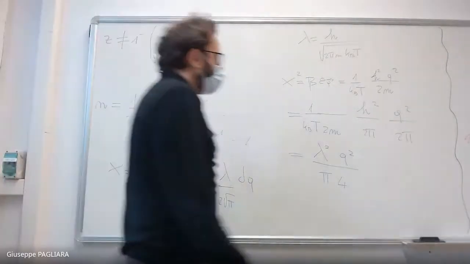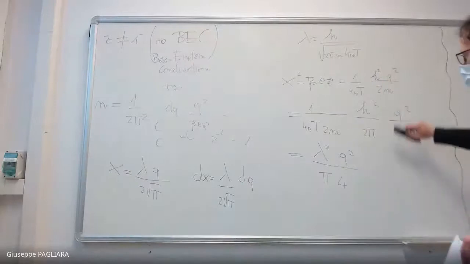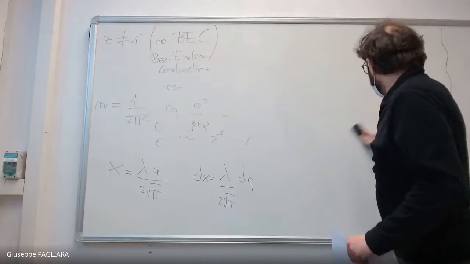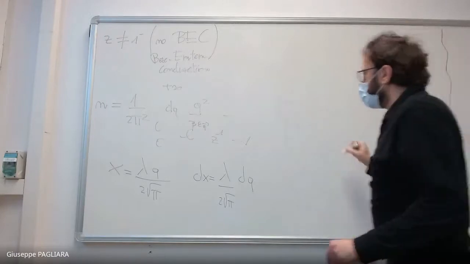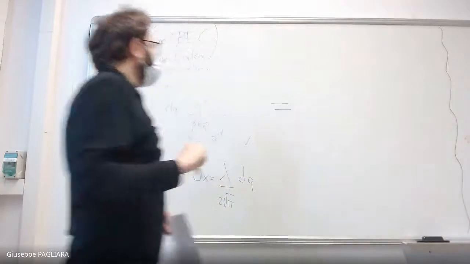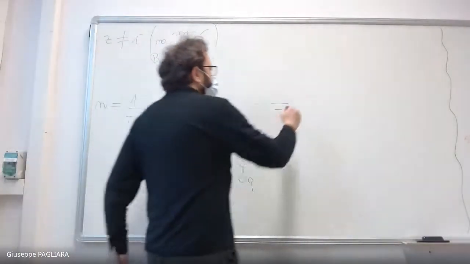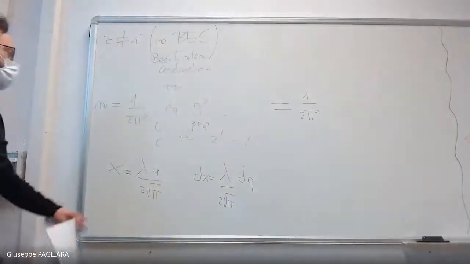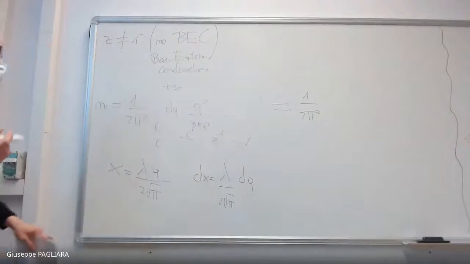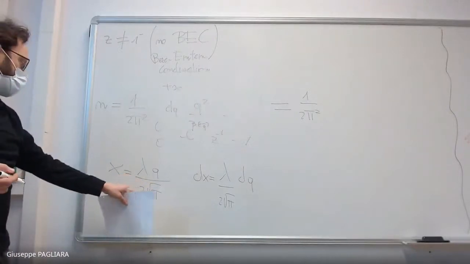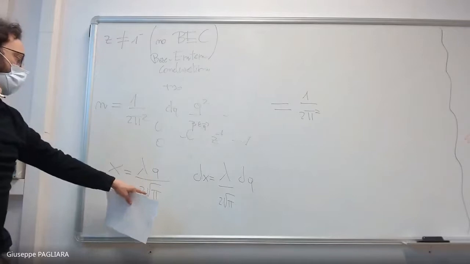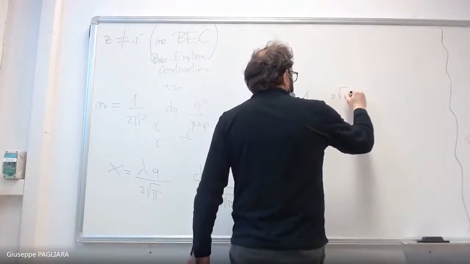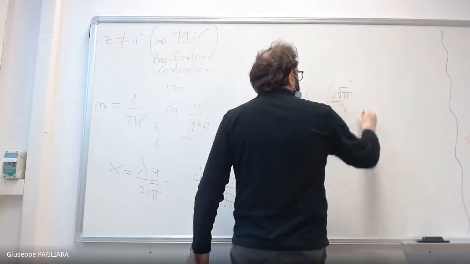Okay, so by doing this, we can write this expression in a slightly different way. So now this is equal to 1 over 2 pi squared, which is still there. Then I have dq, so q to the power of 3 basically, which means 2 square root of pi divided by lambda to the power of 3.